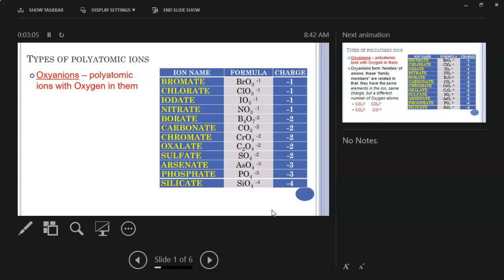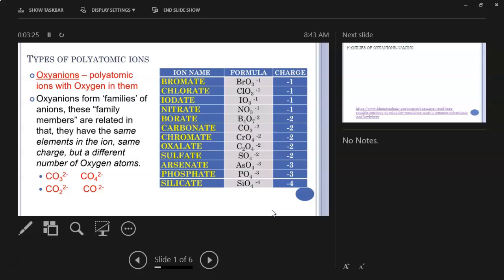Now, oxyanions come in families, okay? You don't have the rest of the family members on your list. You're going to be able to come up with them with the few rules that I'm going to give you. Oxyanions come in families. You have the main version or the head of the family on your list. You don't have the siblings or the kids on your list.